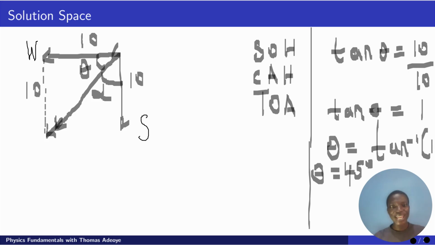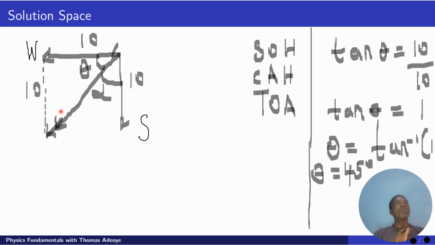So a vector that falls in between. Now, if you want to describe the vector, you can use either west of south or south of west.